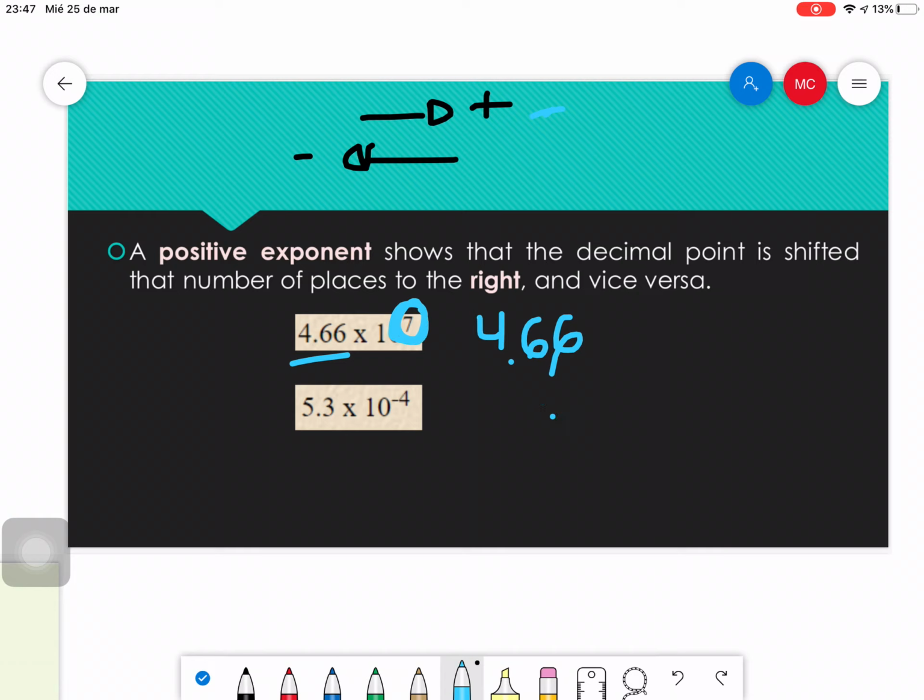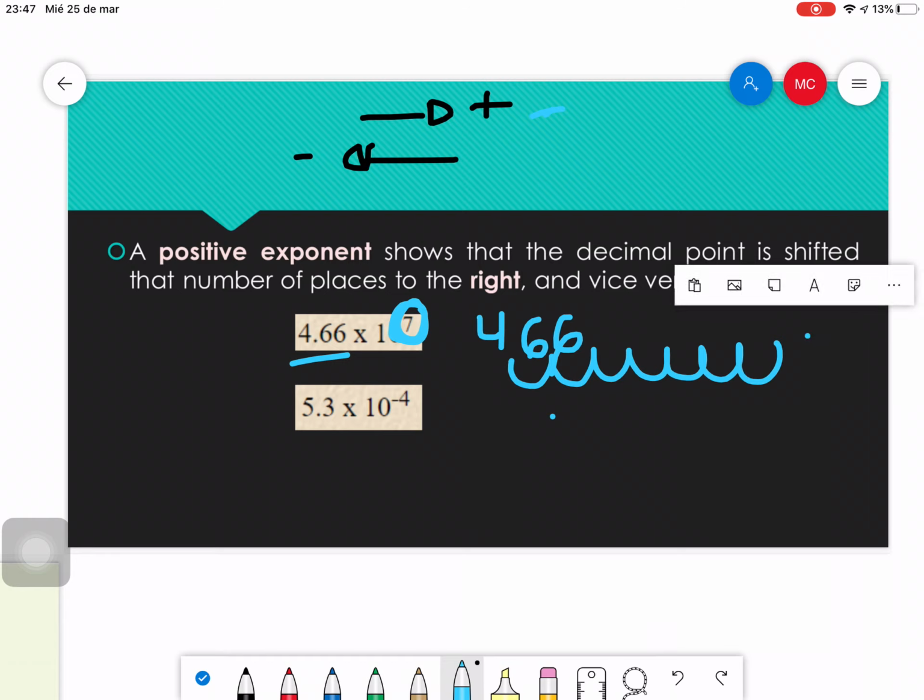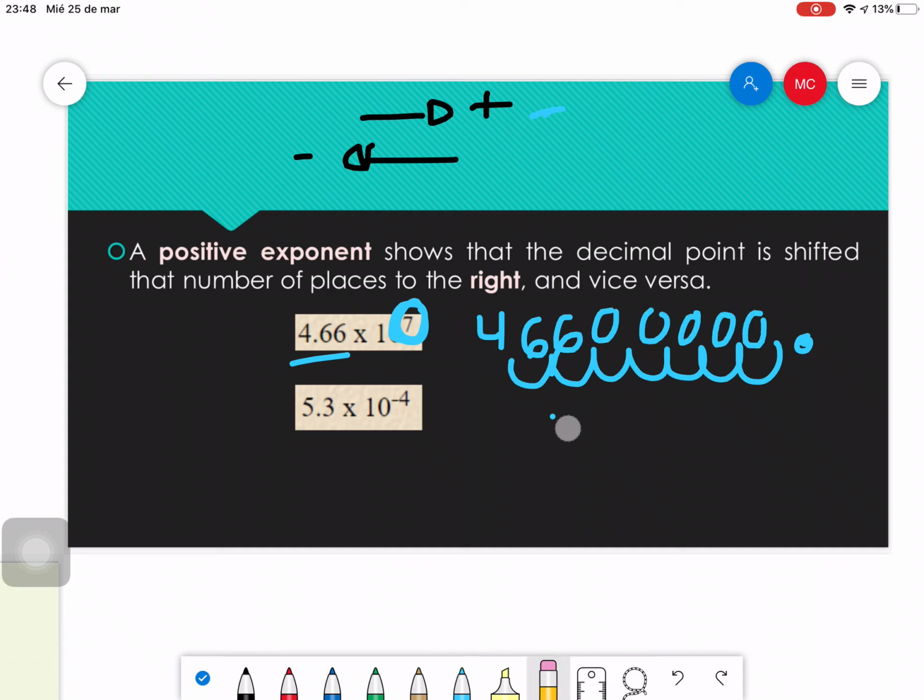It says 7, so that means I'm going to move this point 7 times. 1, 2, 3, 4, 5, 6, 7. The original point is now here. You can write it. If you don't want to write it, that's fine, because that point doesn't change a thing. And what do I do with these spaces? I fill them with 0, 0, 0, 0, 0, and 0. And I am done. Easier, right? It is easier than the other one.